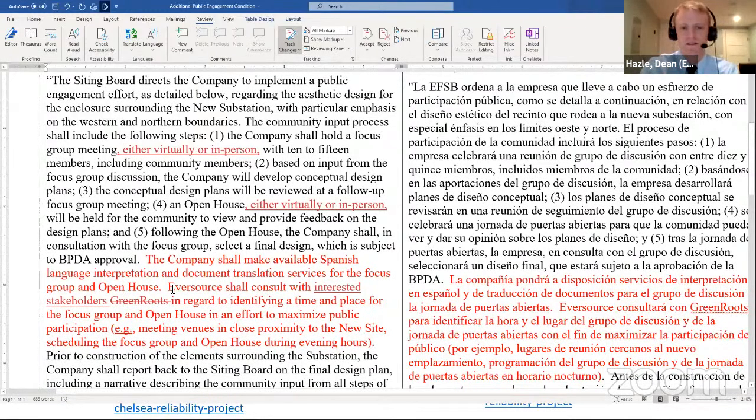So the sentence has been revised and now reads, Eversource shall consult with interested stakeholders in regard to identifying a time and place for the focus group and open house in an effort to maximize public participation. If this looks acceptable to the board, I can take us back to, I'll stop sharing my screen.